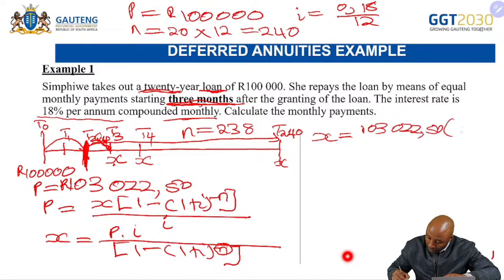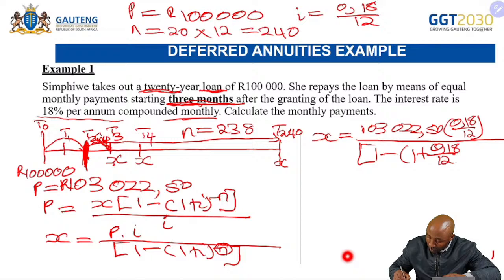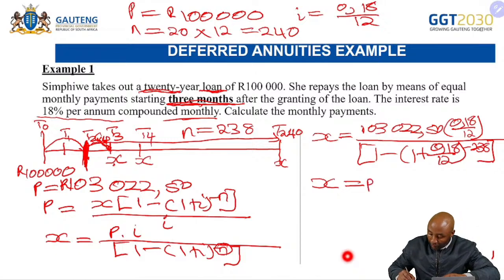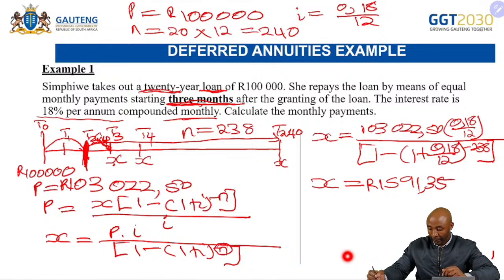I will substitute 0.18 over 12, all this over 1 minus 1 plus 0.18 over 12 to the power negative 238. You press your calculator and you should get an answer of 1591.35. We are done. So that is the answer that you should have gotten there.